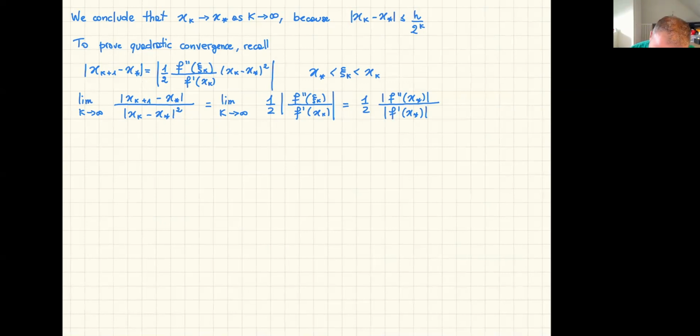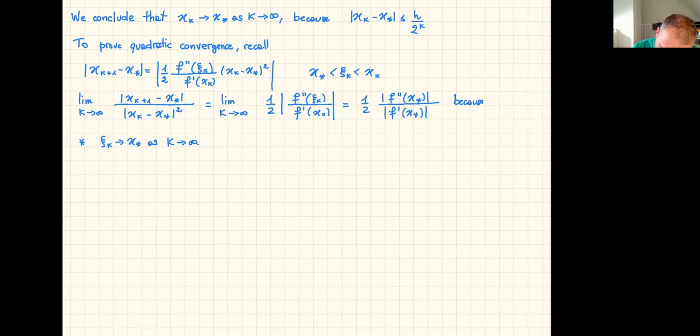The first thing I'm using is that psi k goes to x star as k goes to infinity, as we have just argued. At the numerator, for instance, I'm evaluating f double prime at psi k, and I know that the sequence of psi k goes to x star as k tends to infinity.